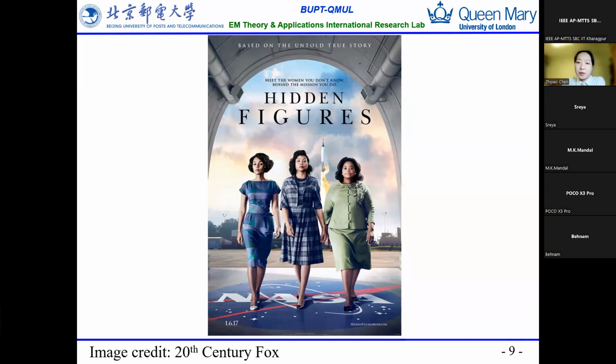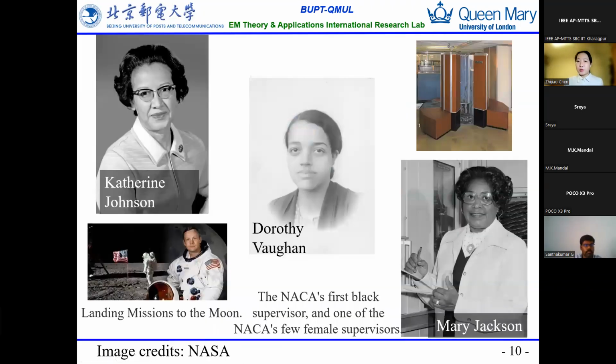At that time, their salary was only one tenth of that of the male workers at NASA, and the male workers didn't respect them, but they never gave up. They worked very hard and showed their talents, and finally, they won the respect of the male workers. Actually, this is a true story. These 3 ladies are Katherine Johnson, Dorothy Vaughan, and Mary Jackson. Katherine Johnson is very good at mathematics, and through her hard work, the moon landing mission was successfully achieved.